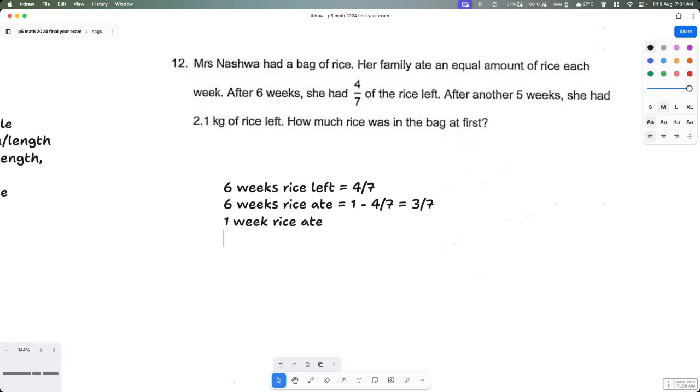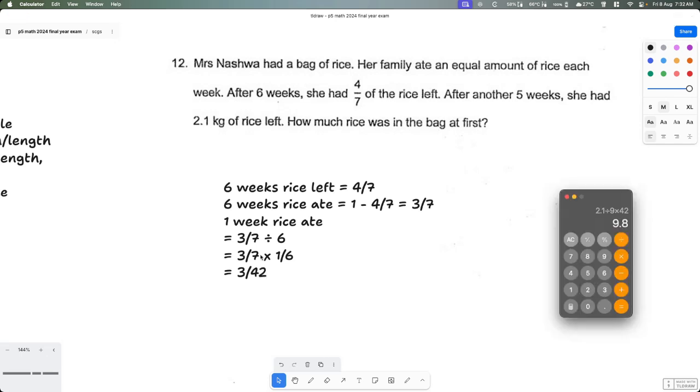So basically, what we can do is 3/7 divided by 6. From 6 to 1 is divided by 6, so it's the same as 3/7 multiplied by 1/6. This will give us 3 out of 42, right? 7 multiplied by 6 is 42.